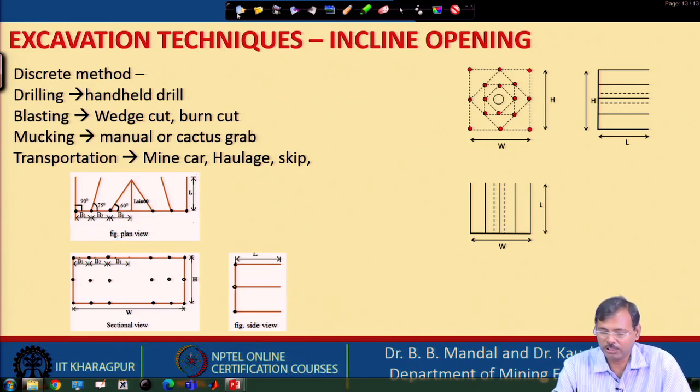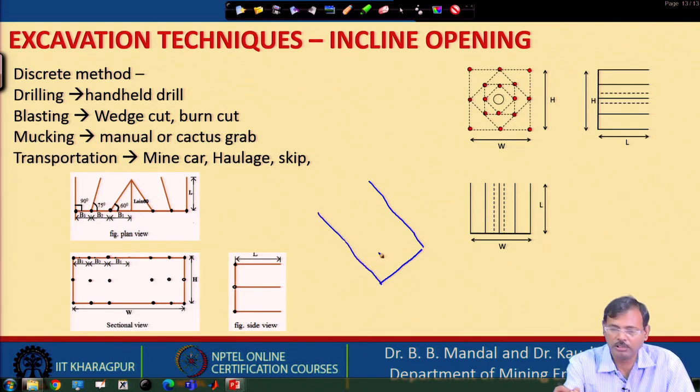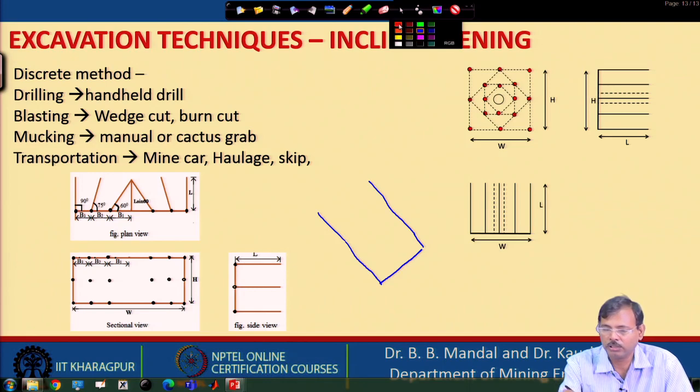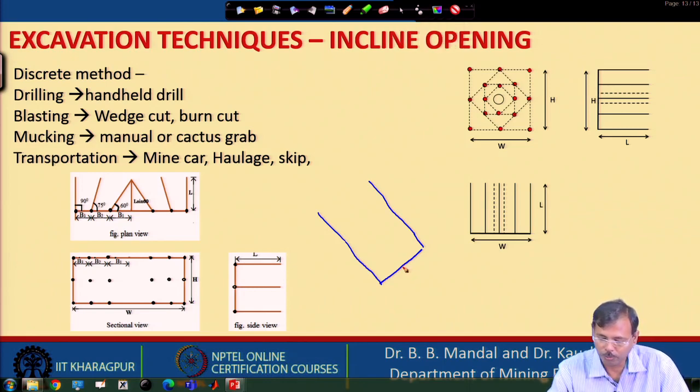Alternately, band cut blasting can be practiced. In this case, wedge cut is the main popular hole drilling pattern, but in case of band cut blasting, one empty hole is provided and then parallel holes are drilled.